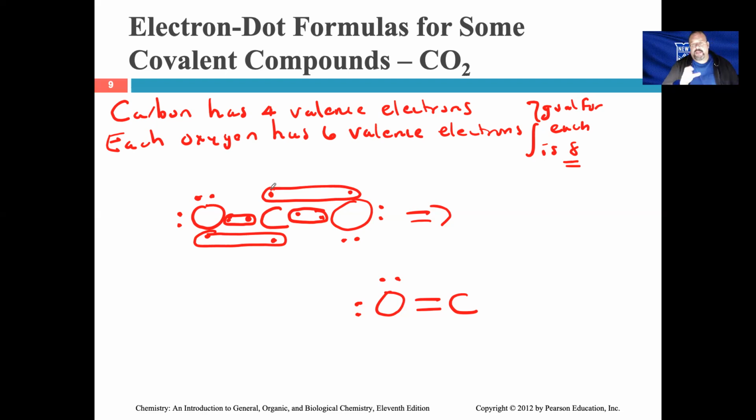So again, because they're going to share 4 valence electrons total, the type of bond that forms between them is a double bond. And for the oxygen on the right, that's great, because that oxygen now has 2, 4, 6, 8 valence electrons. Now, what about the carbon? The carbon is happy as well, because it now has 2, 4, 6, 8 valence electrons. So in this case, you have double bonds between the carbon and each of the oxygens.